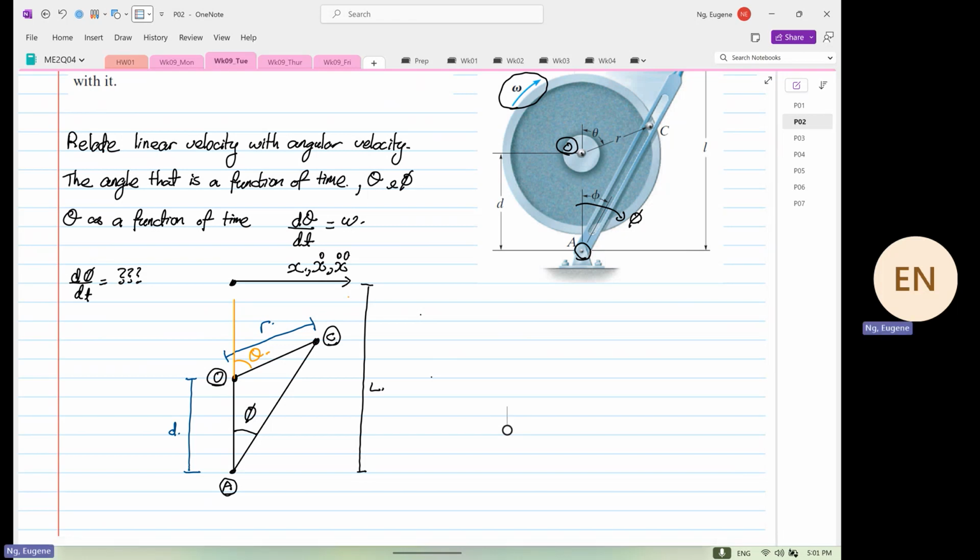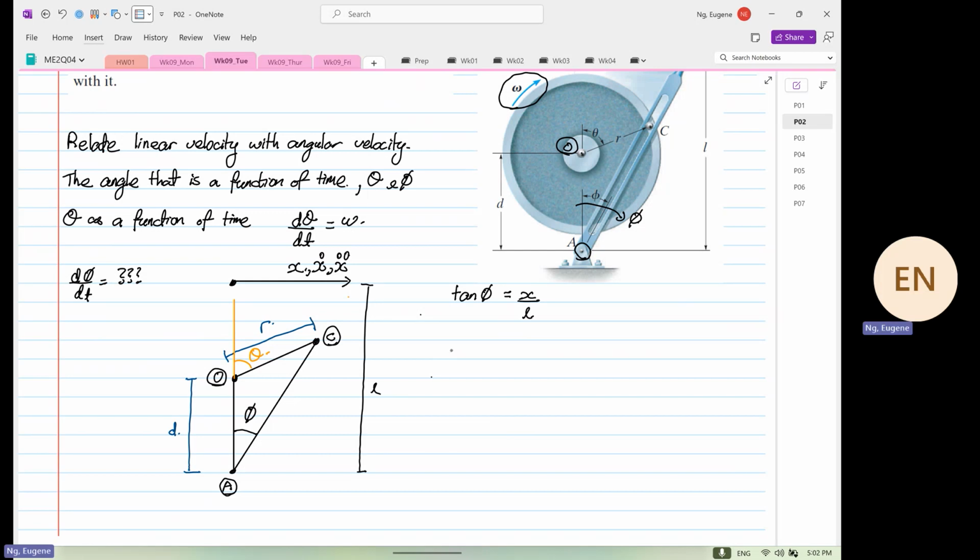So the first equation we are going to form is tangent phi is equal to X over L, now this is a small L, I do apologize.